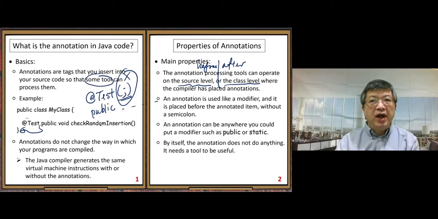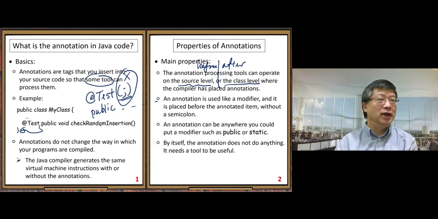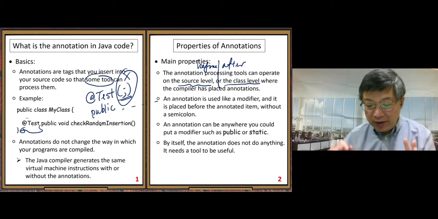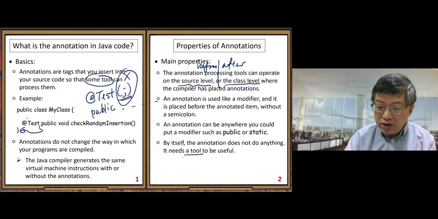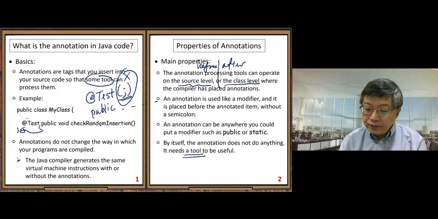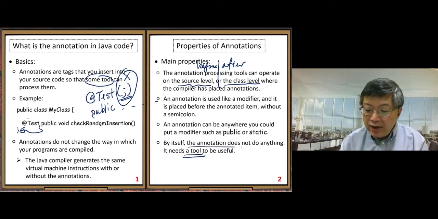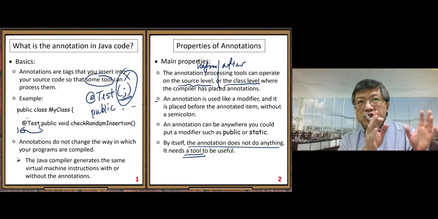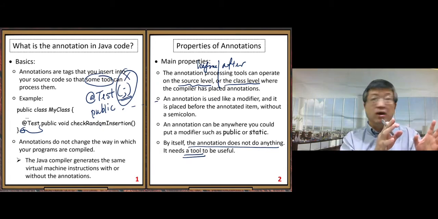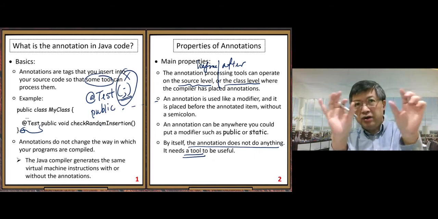By itself, the annotation does not do anything. It needs a tool to be used. Let me give you the background on this one. We mentioned some special tool again and again. Here is the special property, different from a regular Java statement. A regular Java statement does some special work.